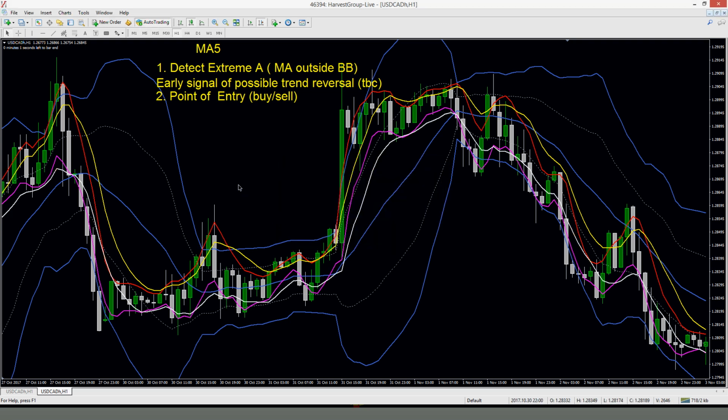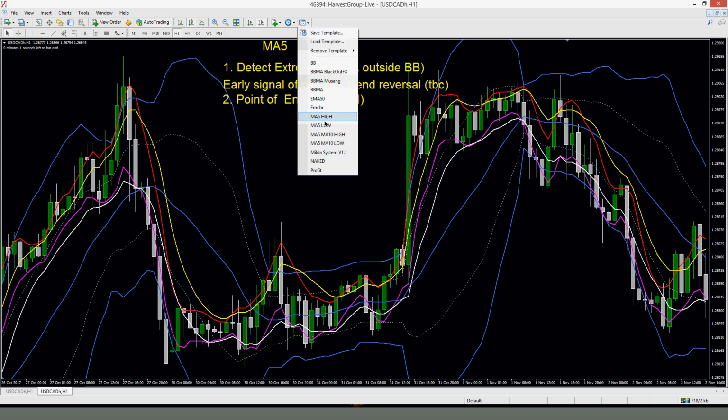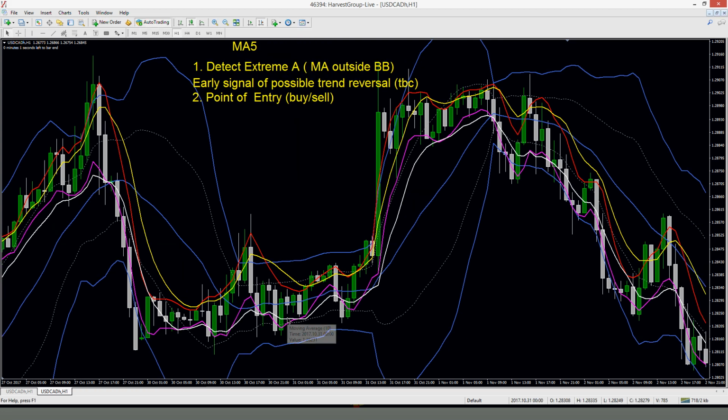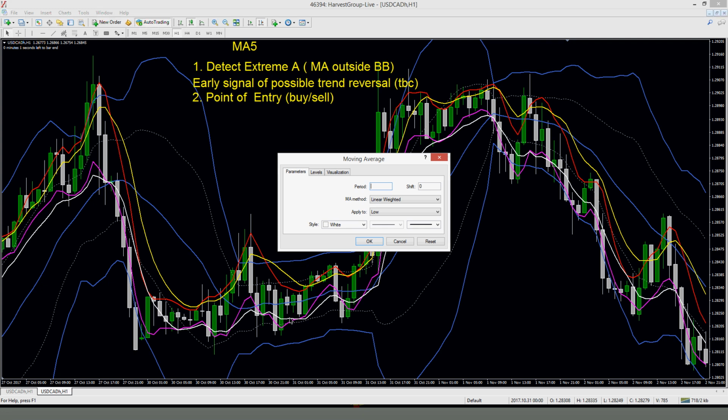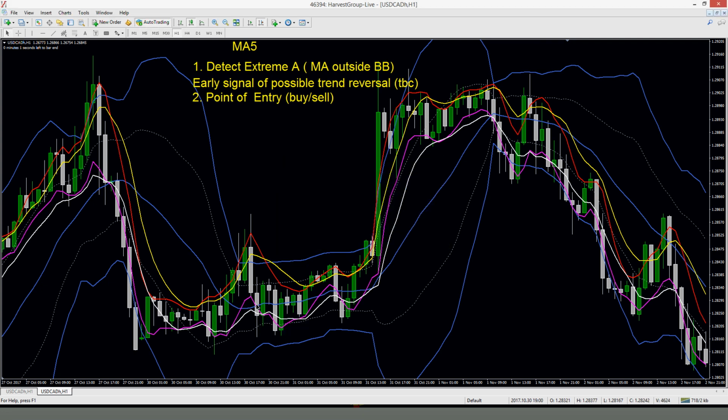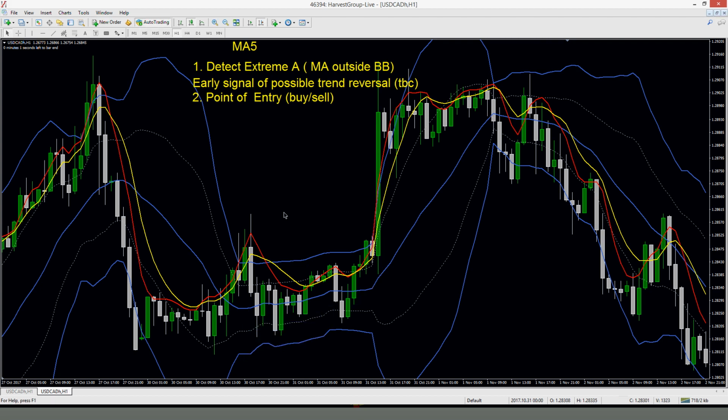Okay, so when you have all four moving averages, then things are getting really confusing right now. Okay, so let me just delete the buy indicator for now. So let's focus on the sell indicator first.